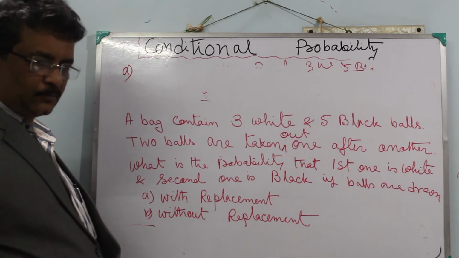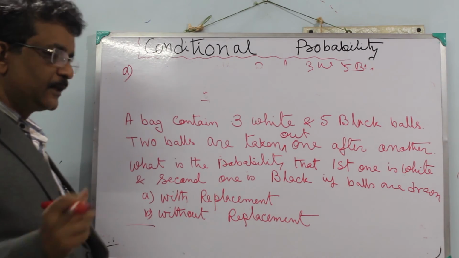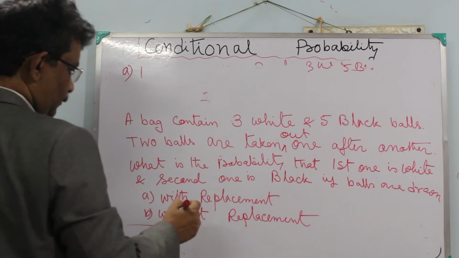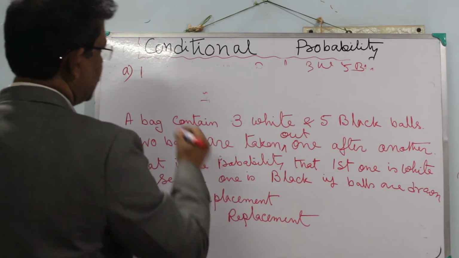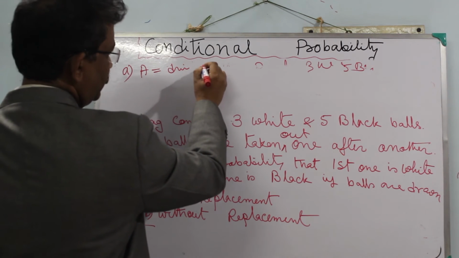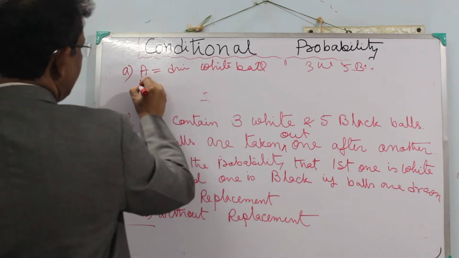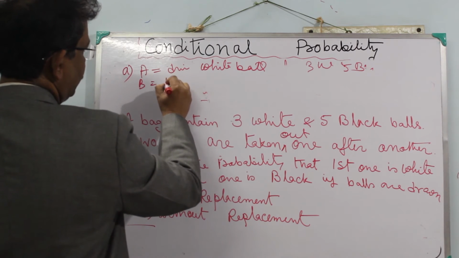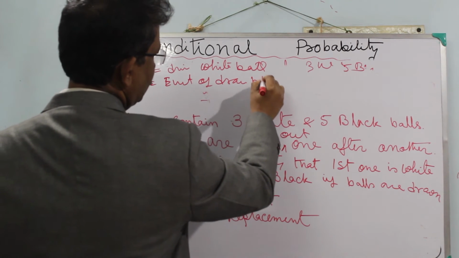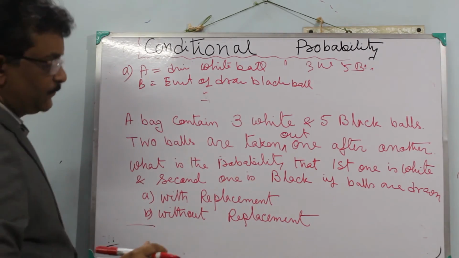Then after drawing the first ball, it is kept inside the bag again before drawing the second ball. Let A be the event of drawing a white ball and B the event of drawing a black ball. Okay, so first A and B are defined.